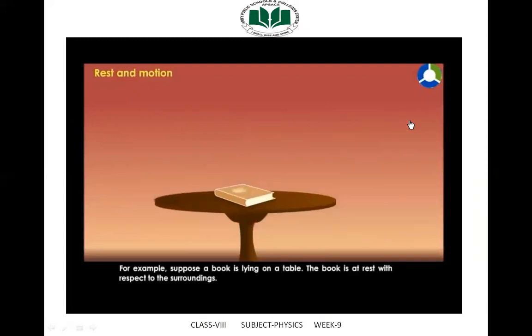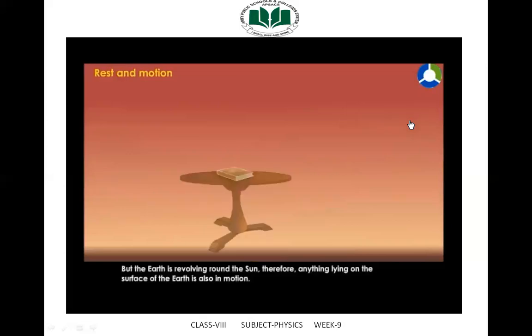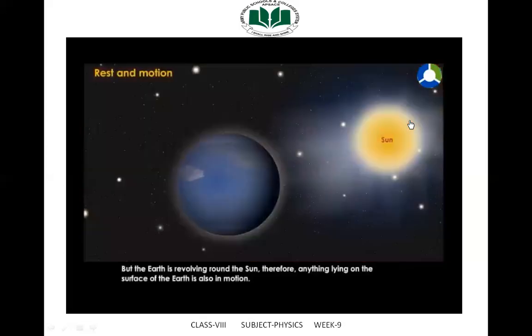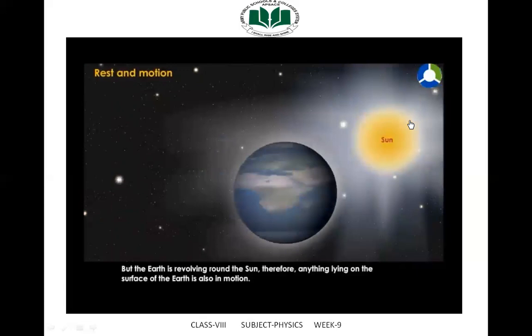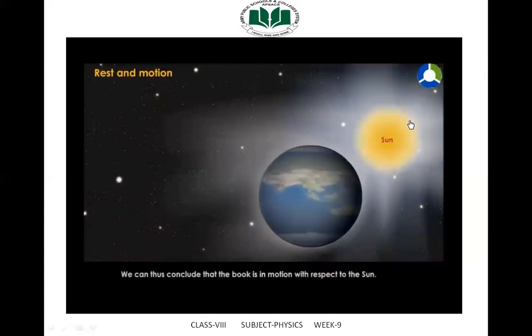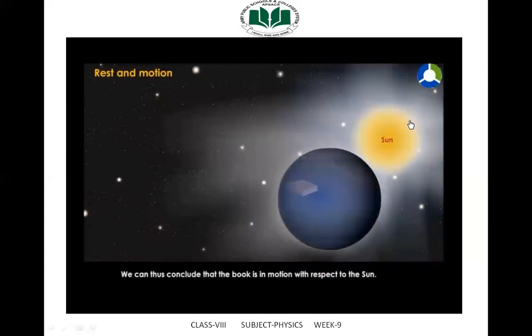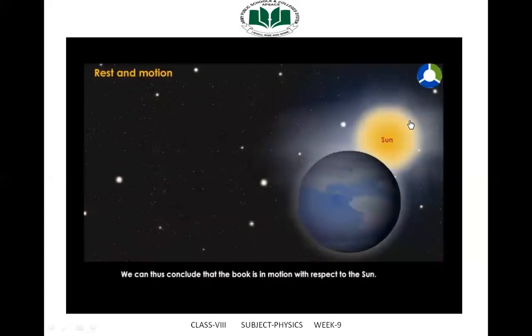The book is at rest with respect to the surroundings. But the earth is revolving round the sun, therefore anything lying on the surface of the earth is also in motion. We can thus conclude that the book is in motion with respect to the sun.